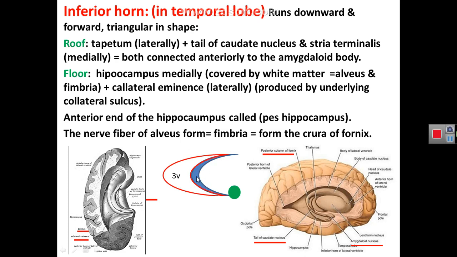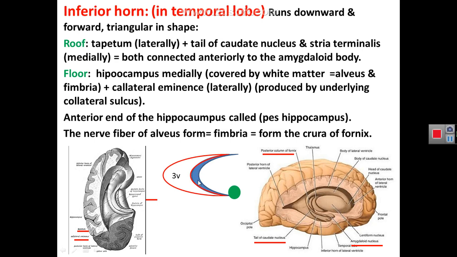The caudate nucleus is a C-shaped nucleus, as you can see. It is formed of the head, body, and tail of the caudate nucleus. Therefore, you can see that this blue representation of the caudate nucleus forms the floor of the anterior horn and central part of the ventricle.